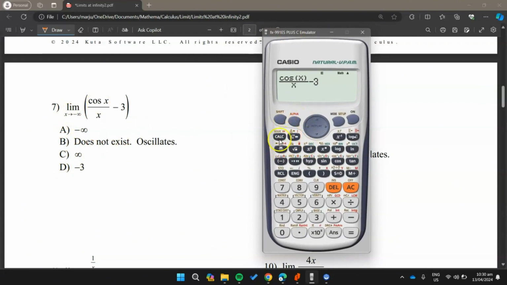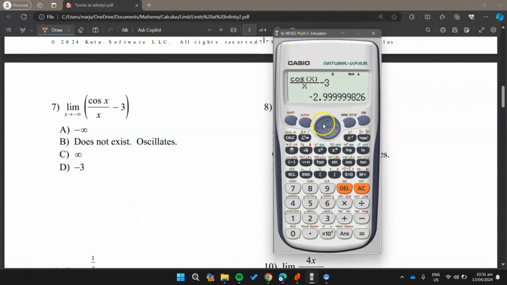Observe if x is negative 10, that is just negative 3.098. If we increase the value of x, look what happens. We will now have negative 0.001. So as you can see here, we are approaching negative 3.